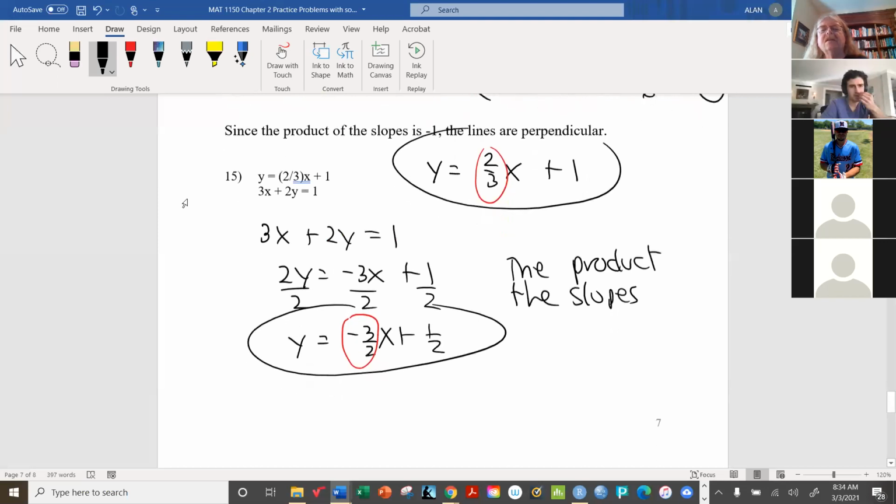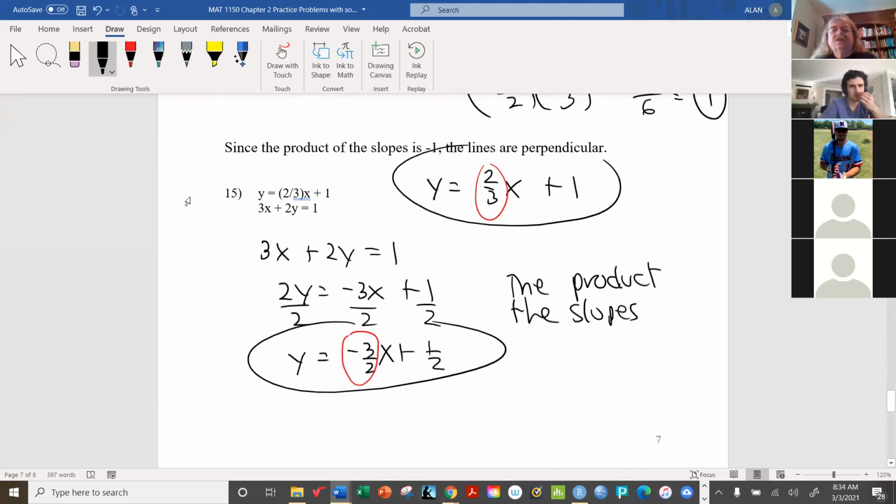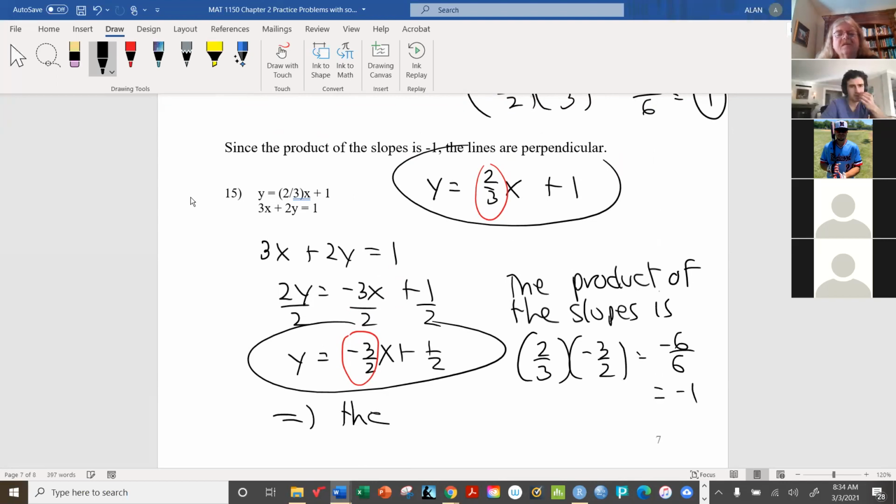In fact, if you're dying to know where they cross, let's just finish this up for a second, and I'll show that to you. So therefore, the lines are perpendicular.